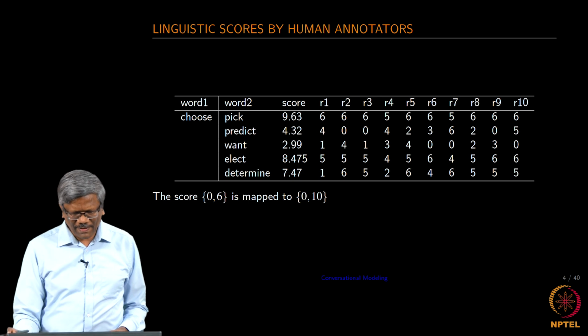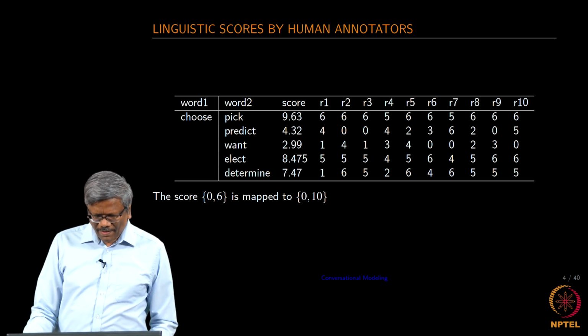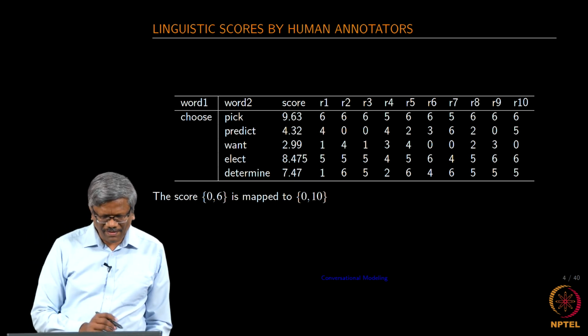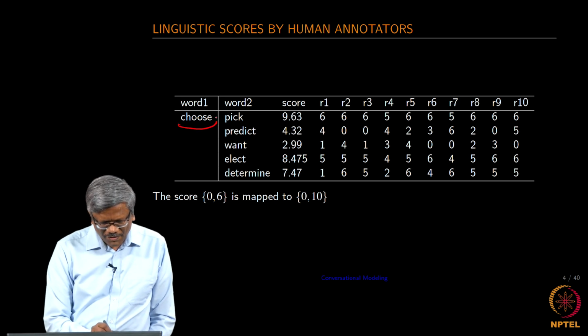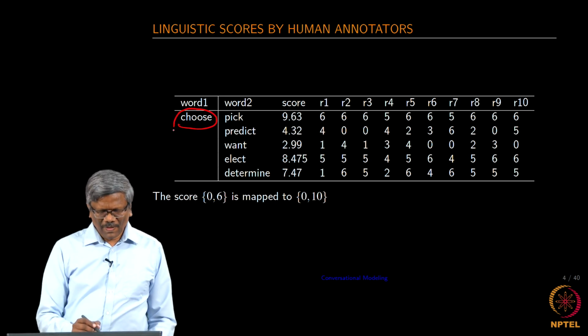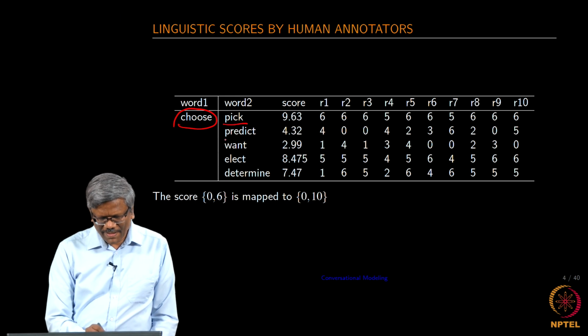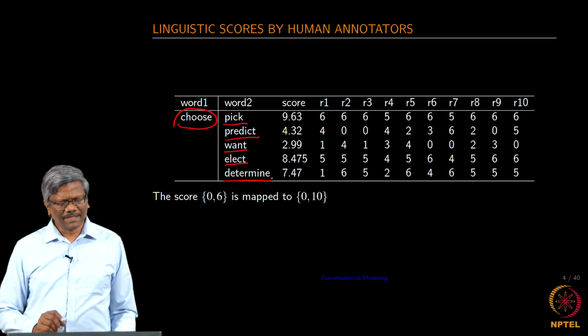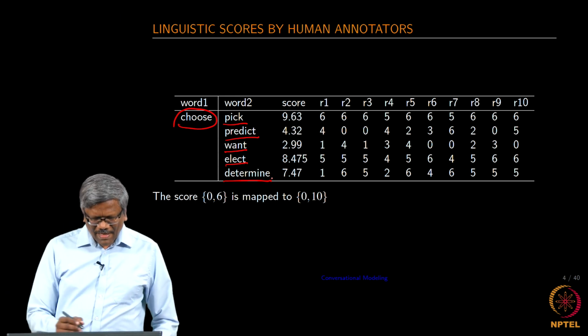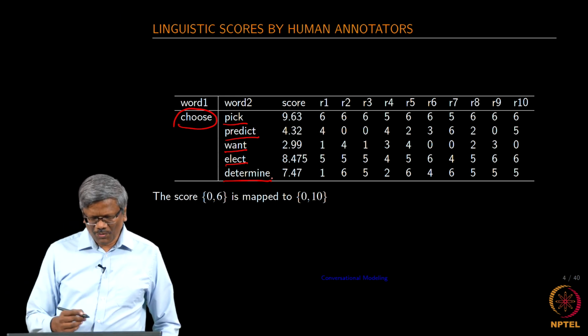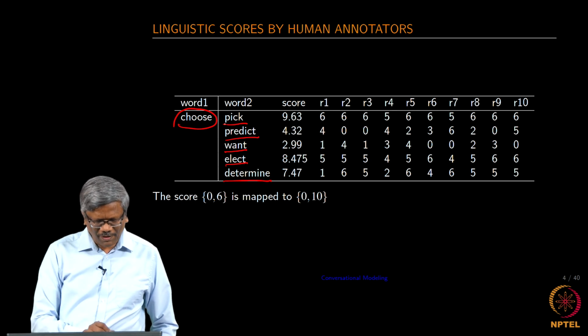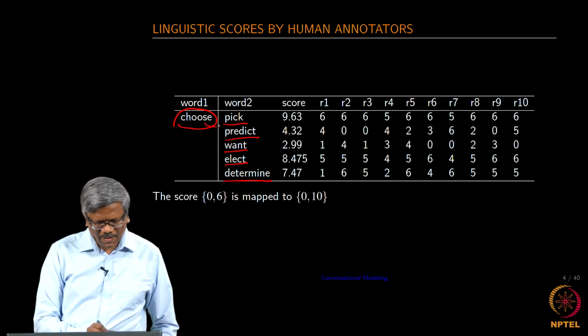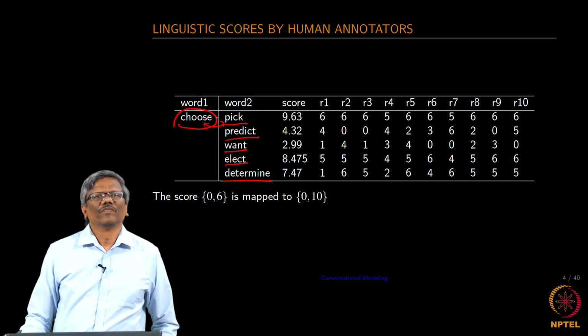Okay, so, this is one of the examples that I am showing here in this slide. For example, here choose is the word that is chosen and then there are several words given as word 2 and then the authors have asked the human annotators to give a score for each of those. So, how choose and pick are similar.